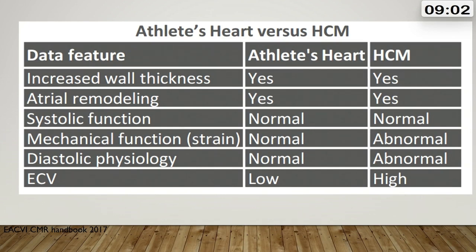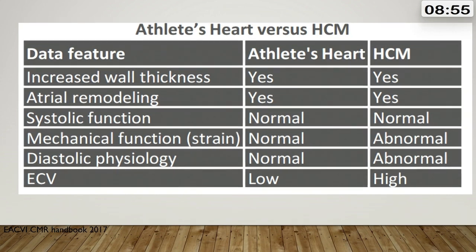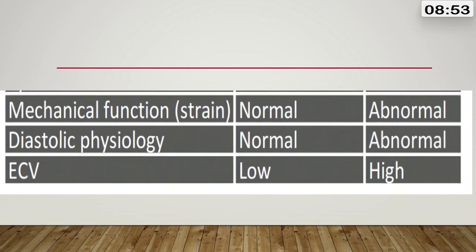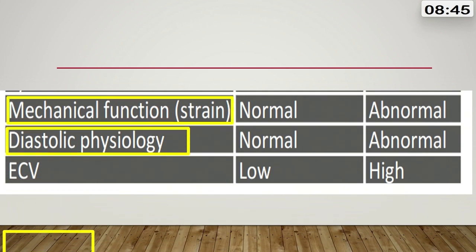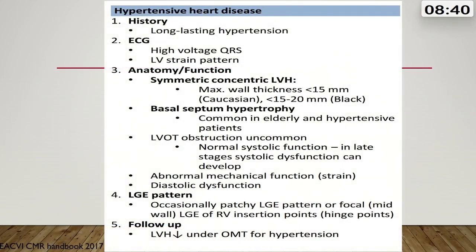So, this is the comparison between athlete's heart and HCM. Both of them have increased LV wall thickness and atrial remodeling, and systolic function is normal in both. However, strain and diastolic function are normal in athlete's heart, and extracellular volume is high in HCM versus low in athlete's heart. So echo and CMR can help a lot.